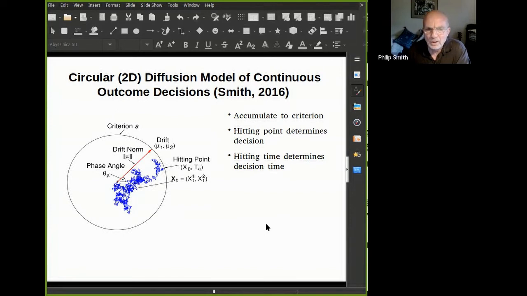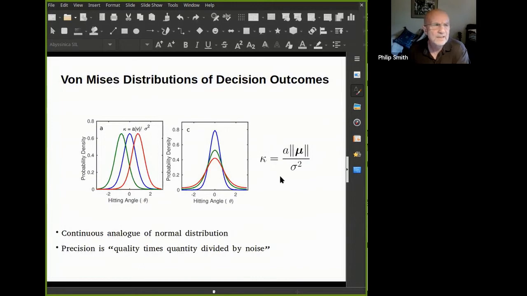Now that model, although at first blush it looks fairly complicated, has lots of nice properties. It's very tractable analytically. We have nice, comparatively simple expressions for all of the things that we're interested in, as I'll show you on the next slide. But one of the important properties is that it predicts von Mises distributions of decision outcomes.